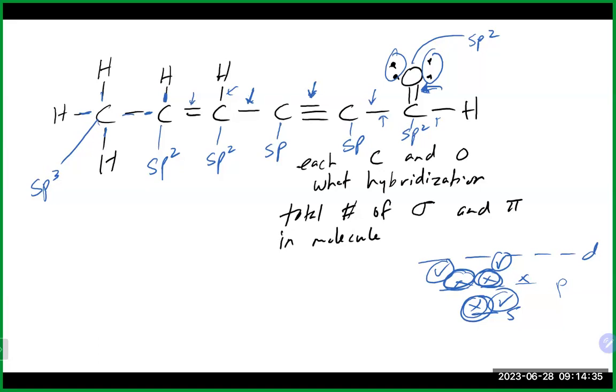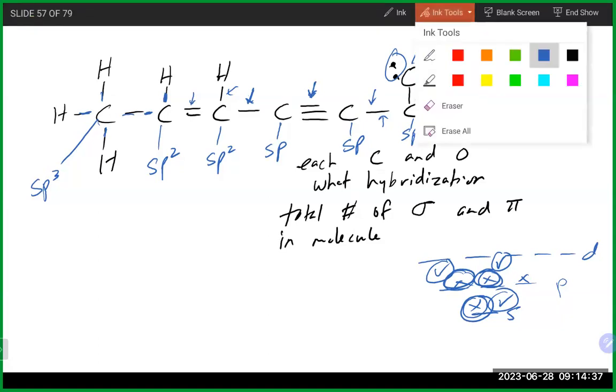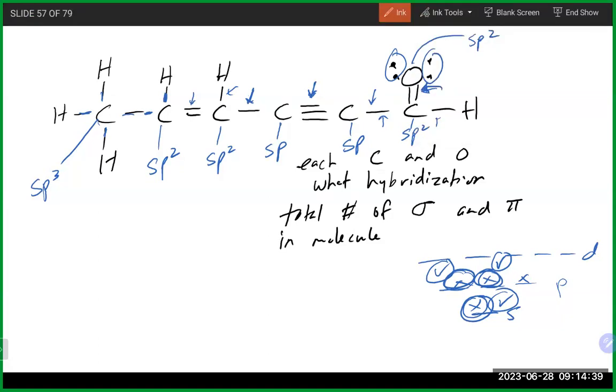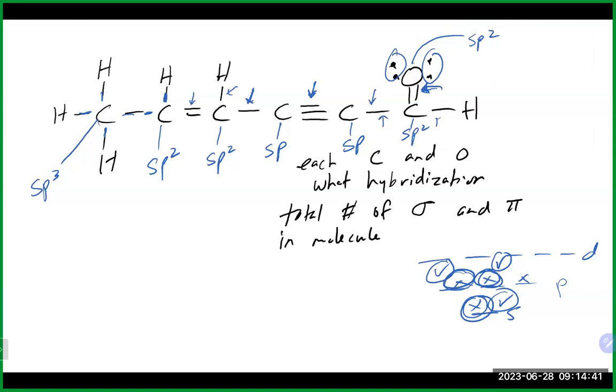All right, let's talk about sigma bonds. Frankly, sigma bonds are basically all the single bonds, right? So we're going to try to keep track here. That's 1, 2, 3, 4, 5, 6, 7, 8. Sigma bonds are also part of the double and triple bonds, right?